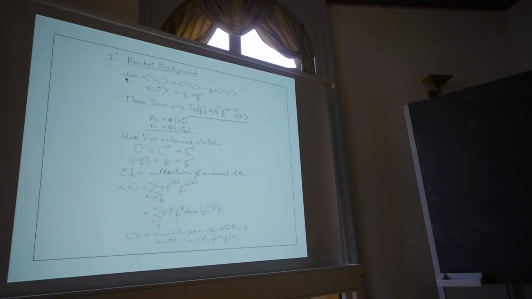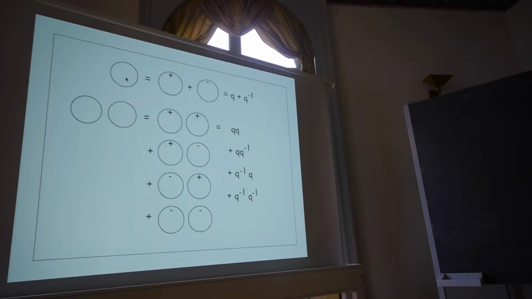And if one had decided to think about the bracket like that from the beginning, then one might have rewritten into the next line, which says that we could take the sum over the dimensions of the module generated by those states which have a particular I and a particular J, so they would be giving the same contribution. So I'll just call it a dimension, and then I have a module which is generated by those particular states. And we'll see that that is leading us to the homology.